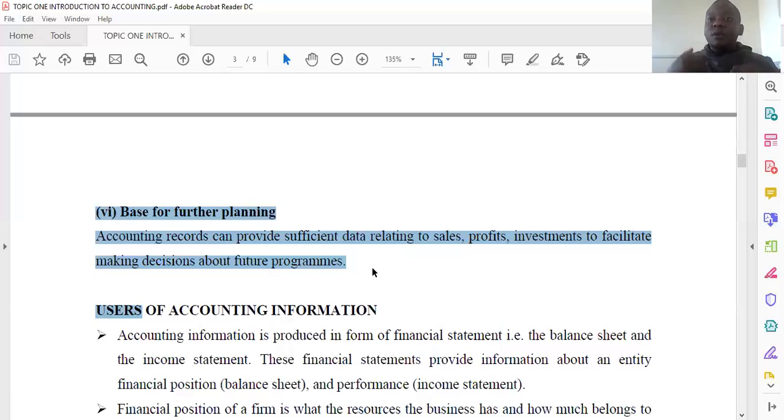So to make SMART goals, a goal that is realistic, we need to come from a realistic background. If this is a business that has been operating, these are the profits that it has been making, and this is the most realistic profit that you can achieve.